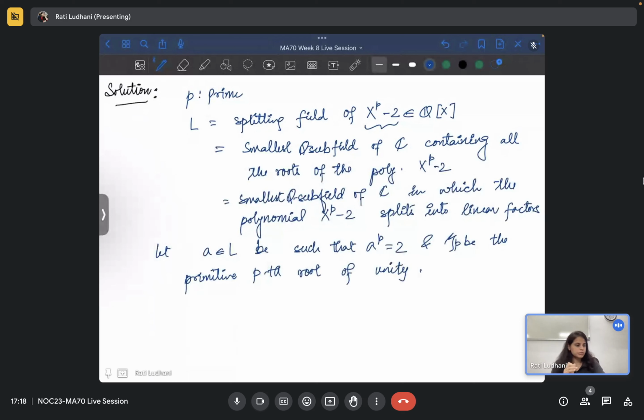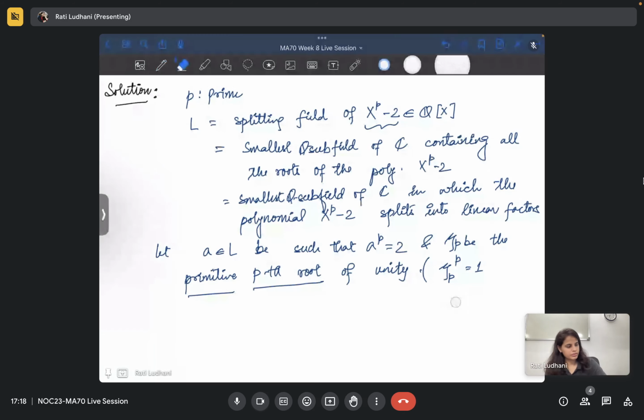Primitive pth root of unity means zeta P raised to power P is equal to 1. Firstly it is a pth root, and second it is a primitive pth root of unity. What does this mean? Primitive means this root can generate all the roots of unity.